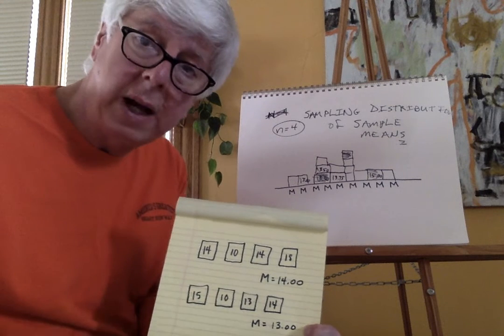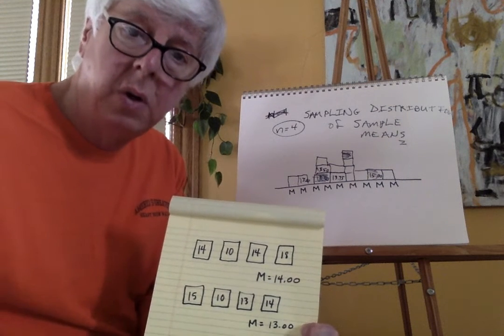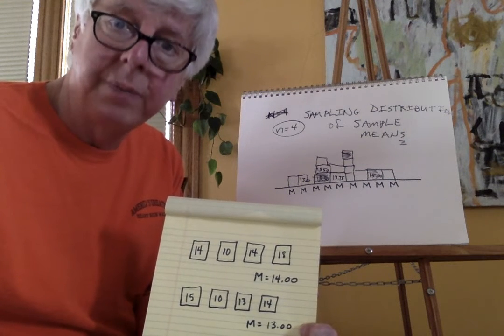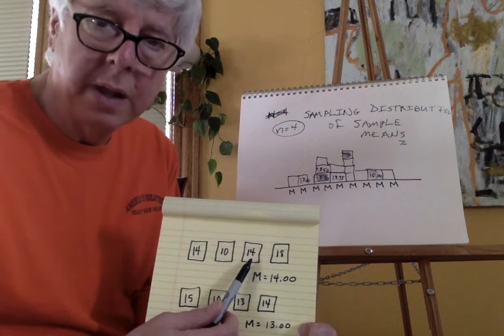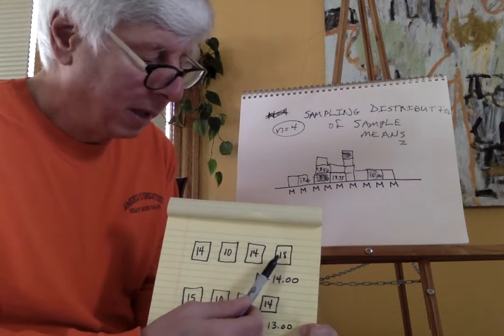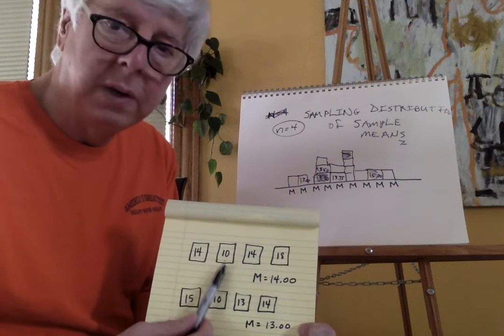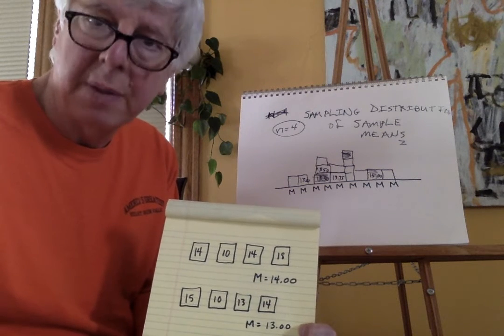Wow. Well, once in a while, I'm going to get a sample that includes the block that has the value 10, okay? Then I pick out another one, it's 14. Then I pick out another one, 18. Wow, this was a very improbable pick, but it happens.